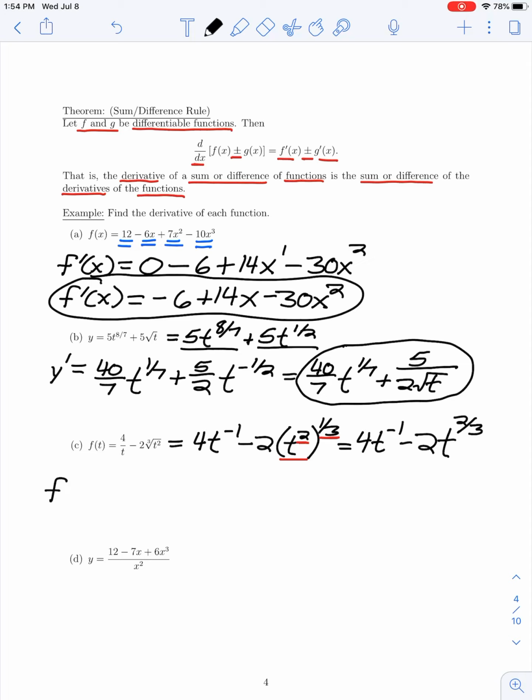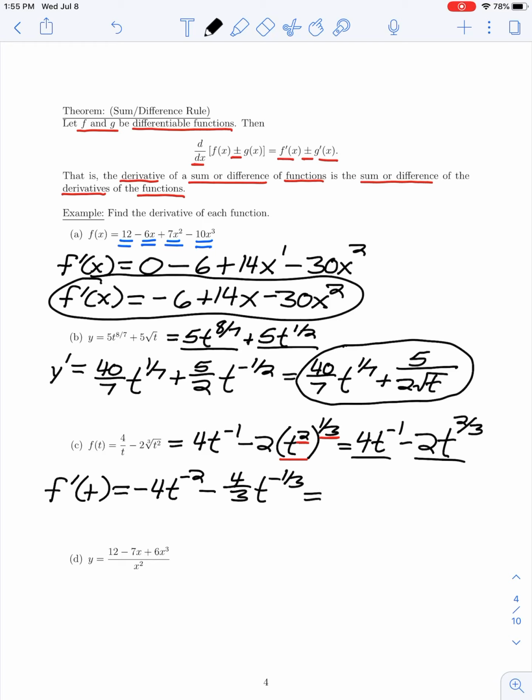So using the difference rule here, f prime of t can be found by first taking the derivative of 4t to the negative first, which would be negative 4t to the negative 2, minus the derivative of 2t to the 2/3, which would be 4/3 t to the negative 1/3.